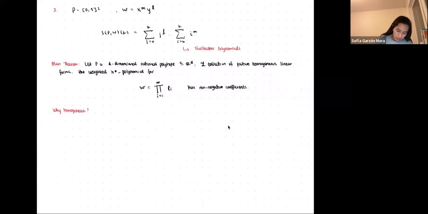Well, if we take already P equals [0,1], what is the Ehrhart series of this? The normal Ehrhart series. So I can write this as P and then weight 1 of t, right? Do you have any idea what this might be?